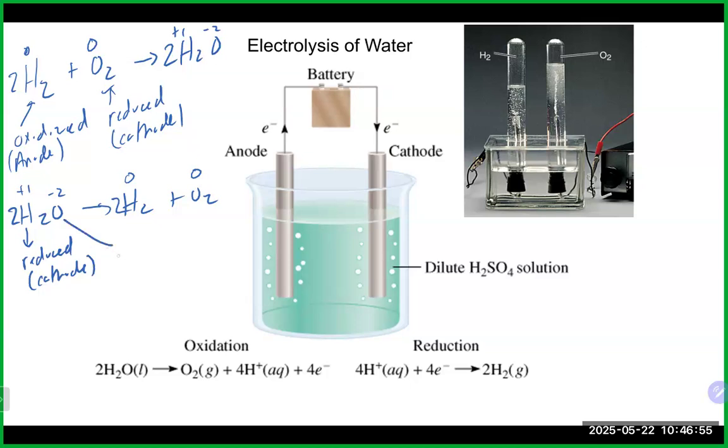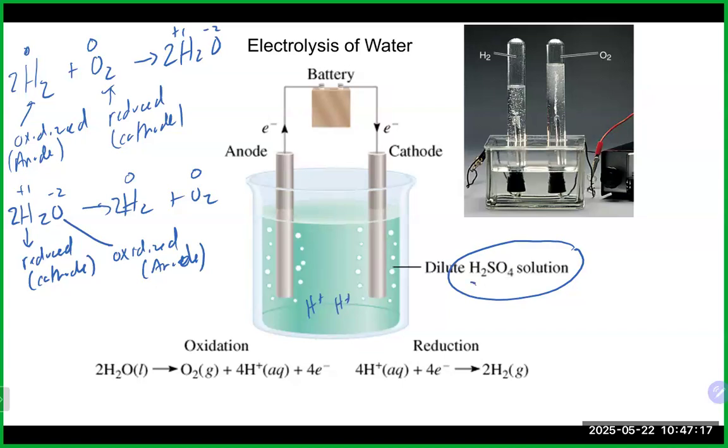Our oxygen here is being oxidized and is our anode. By the way, you could do this with a 9-volt battery and some electrodes and a little bit of acidic water to help it out. With acidic water, you have an extra supply of hydrogen ions flying around in there, and that helps reduce those to hydrogen gas.